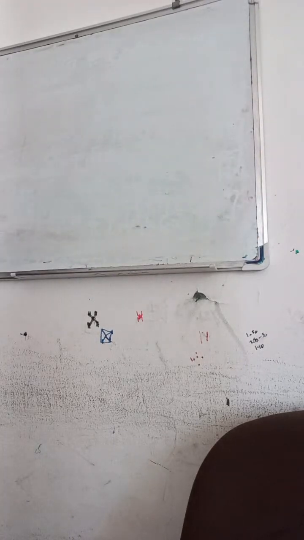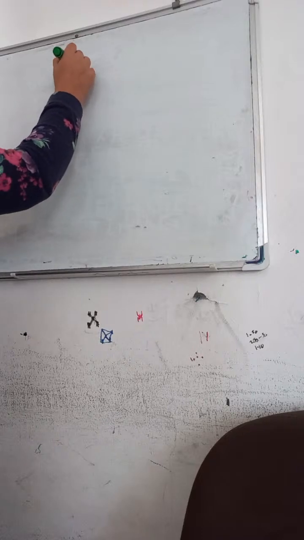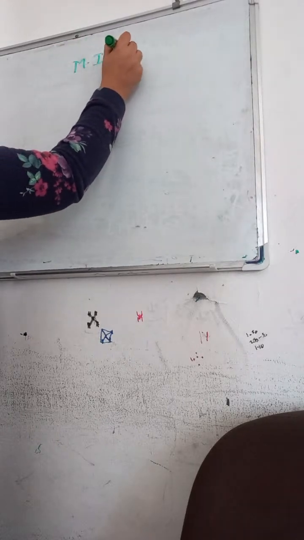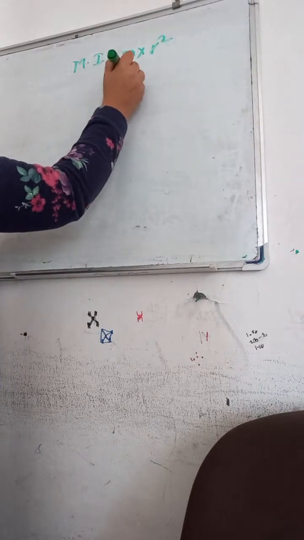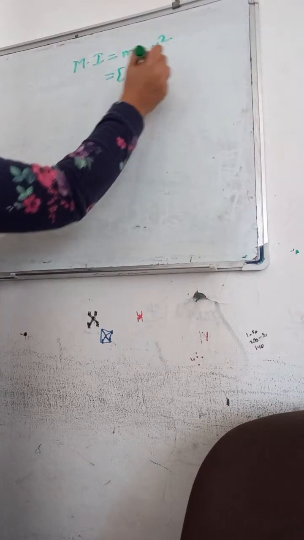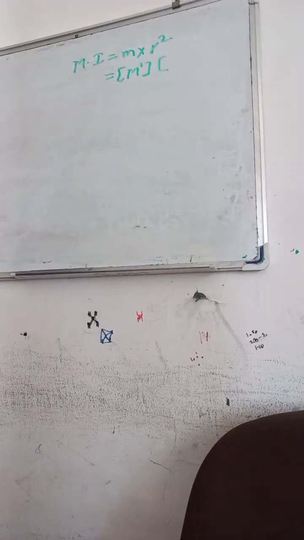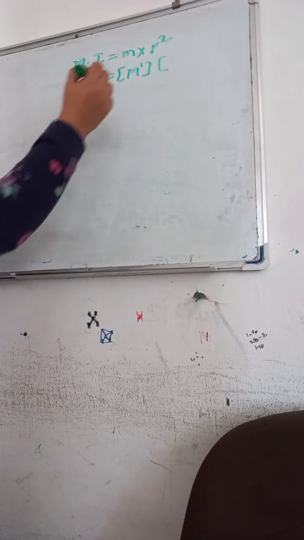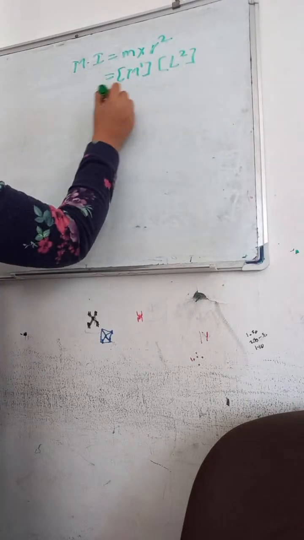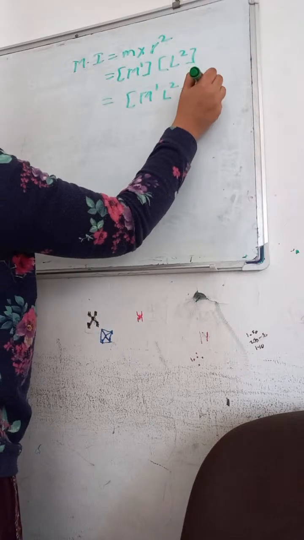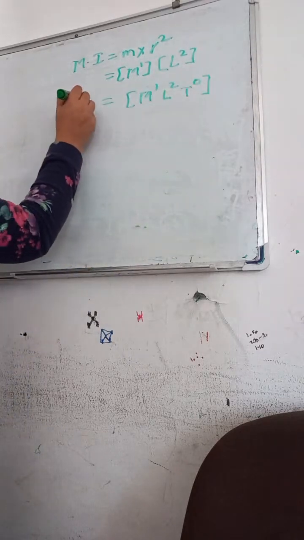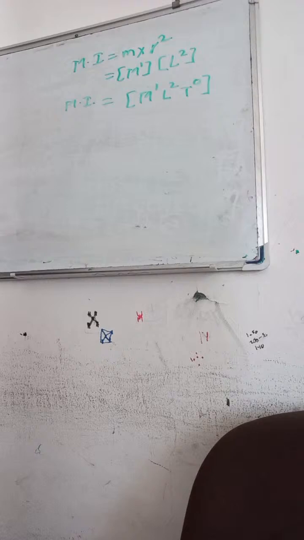If we take moment of inertia, that is mass into radius of gyration square, M K square. Mass is nothing but 1, and the radius of gyration square is L raised to 2. Time is not there, so the dimensions are m1 L raised to 2 and T raised to 0. So these are the dimensions for moment of inertia.